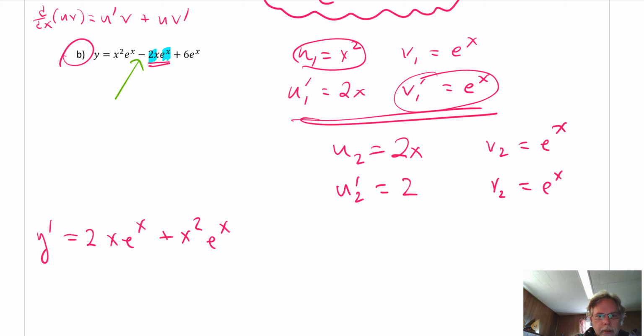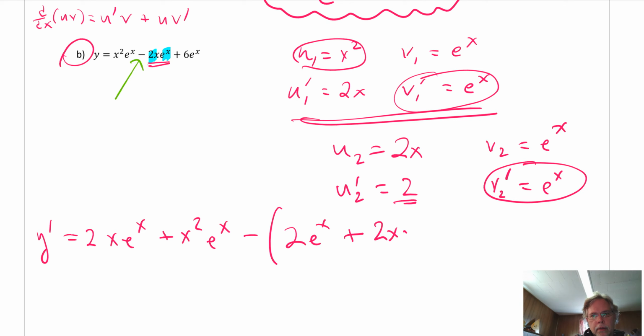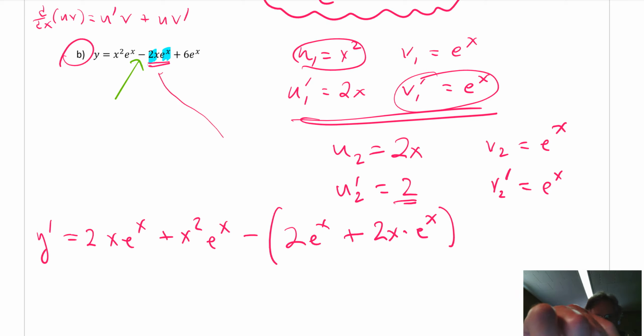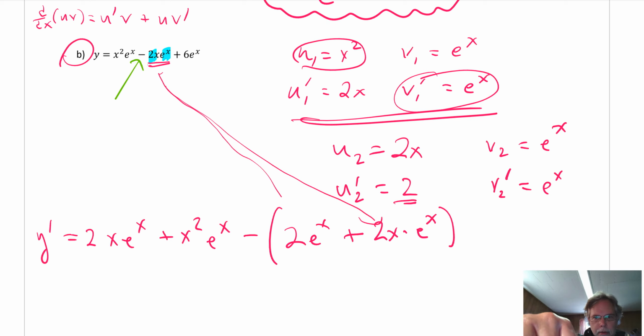So minus u2 prime, which was 2, times v2, which was e to the x, plus, from the product rule, u2, which was 2 times x, times v2 prime, which is e to the x. Those two terms are the derivative of the second term in the problem.